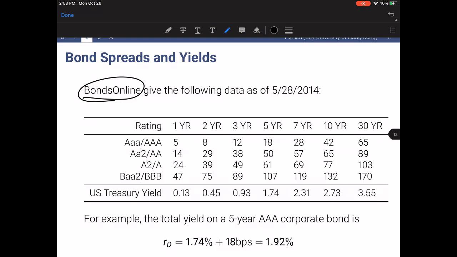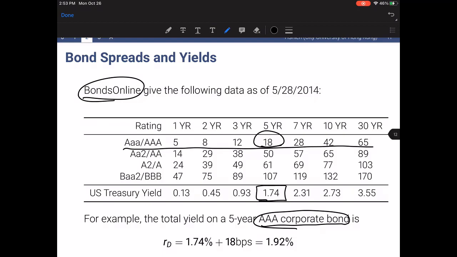So for example, in this table, for a AAA corporate bond, that's this row here, if we want to look at its 5-year credit premium, that would be 18. So that's 18 basis points on top of the risk-free rate. So if the risk-free rate is 1.74%, then the cost of debt for this AAA-rated firm, if we decide to use the 5-year bond, is going to be 18 basis points on top of 1.74%.